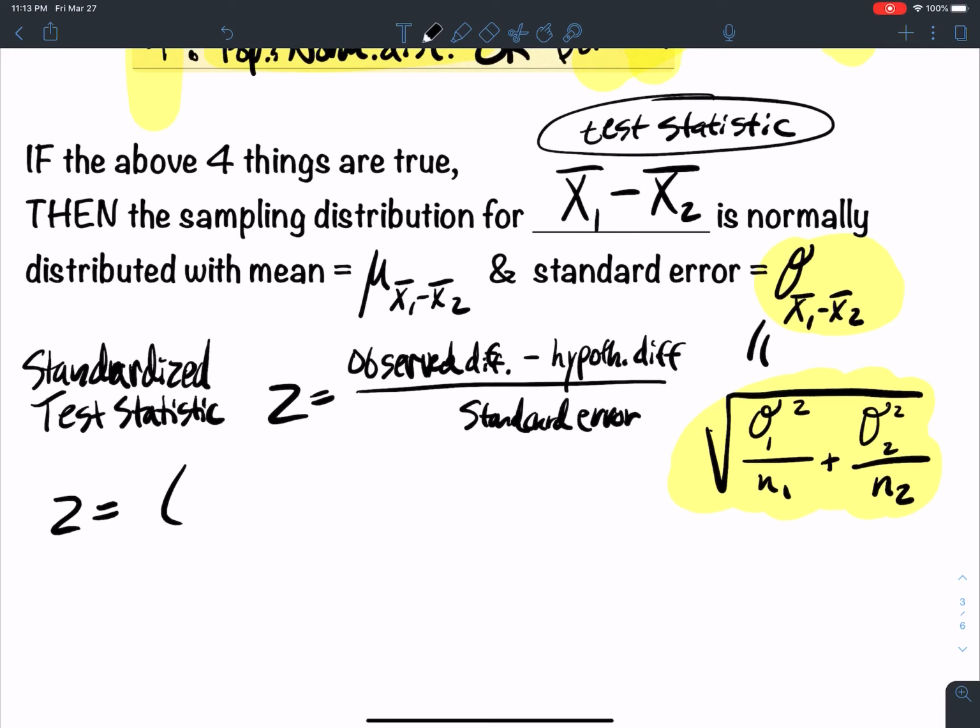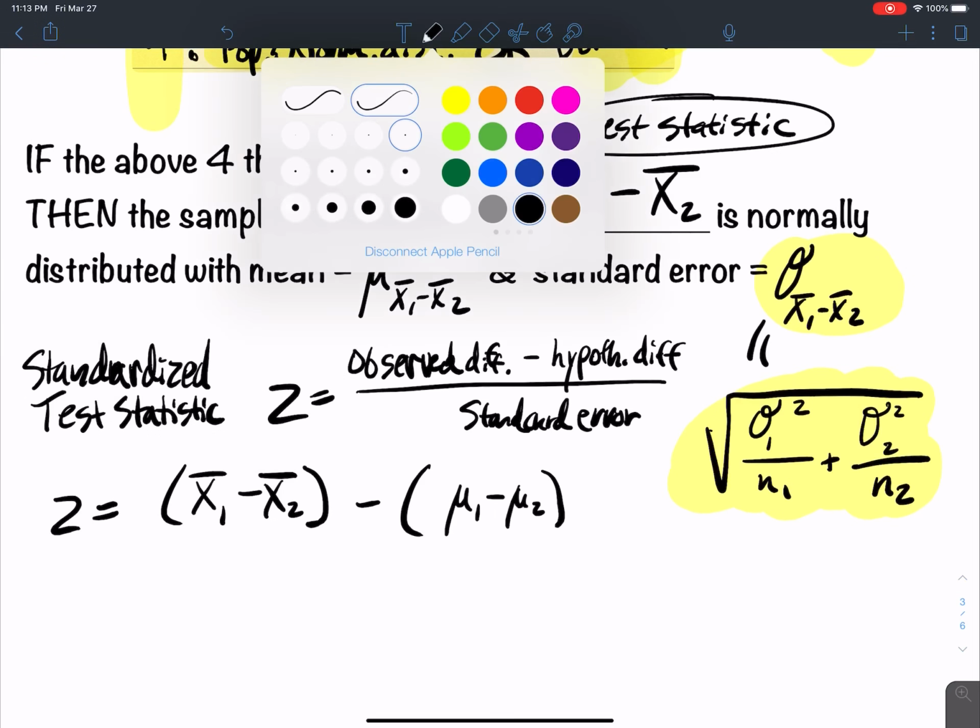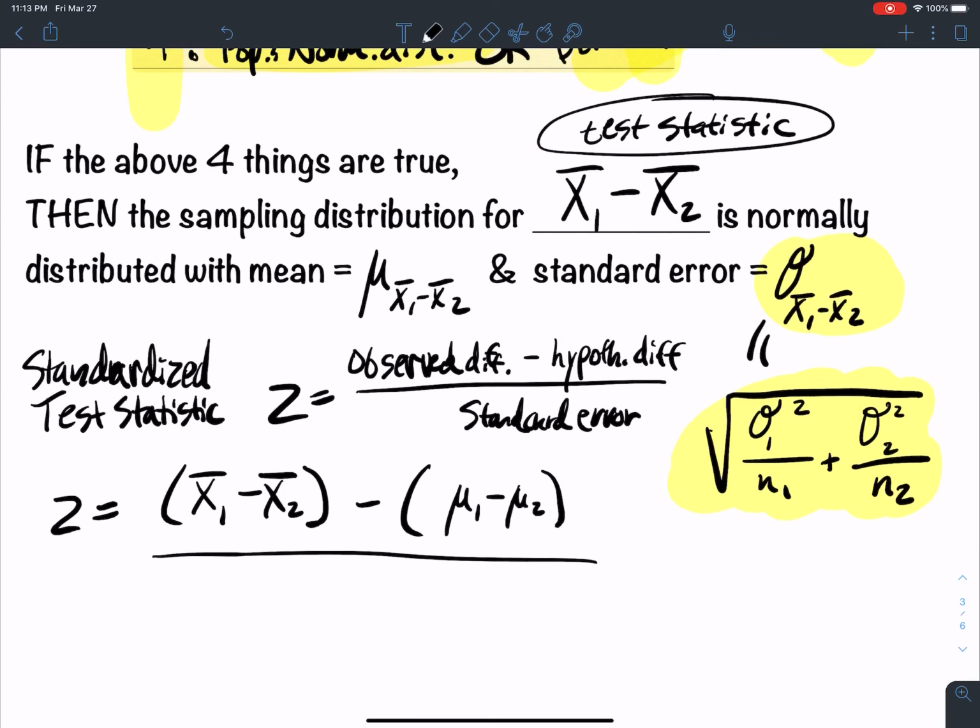It's the observed, which is the samples, subtract their means, subtract the sample means, minus the hypothesized difference, mu1 minus mu2. Look, if we knew mu1 and mu2, we wouldn't need to run statistics, okay? The whole point of doing statistics is to estimate mu1 and mu2 with x bar 1 and x bar 2. That's the power. All right, divided by the variance of the first population divided by how many are in the first sample, plus the variance of the second population divided by how many are in the second sample.